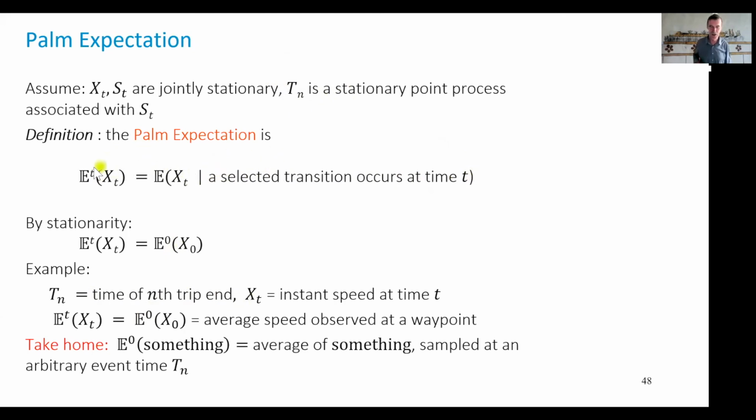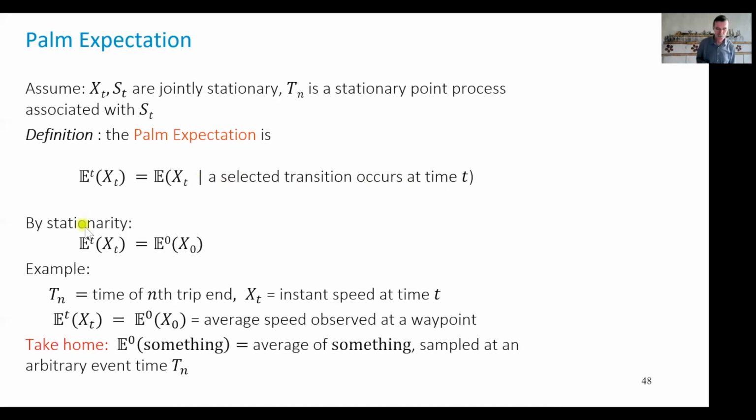That is what is called a Palm expectation. So you see, it's a conditional expectation. It's the expectation of some quantity, given that a certain point process has a point that has occurred at exactly this time. So when we say the Palm expectation, there is something understood: it is with respect to a given point process.